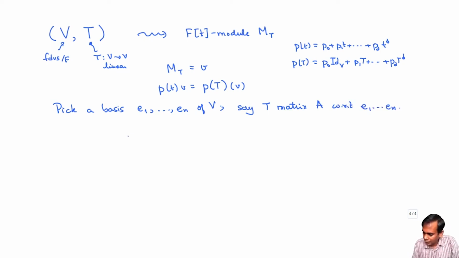What does that mean? That means that the jth column of A is the action of T on the jth basis vector, the sum of the ijth entry multiplied by ei. So this is just the definition of what it means for T to have matrix A.